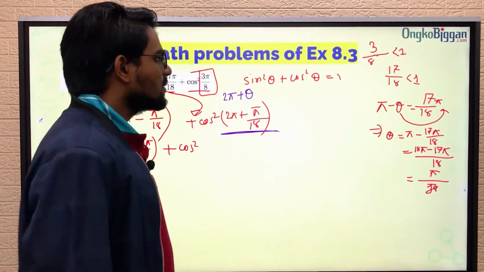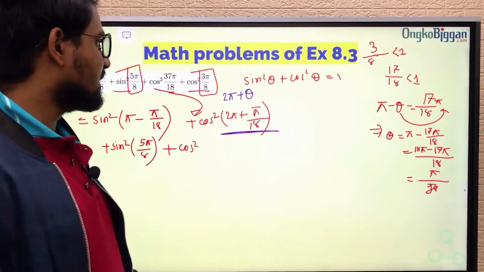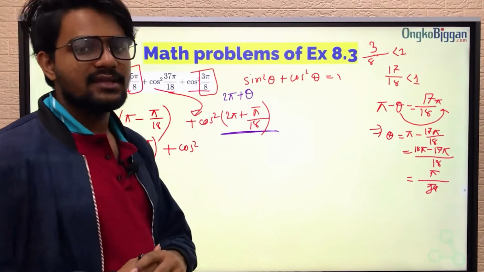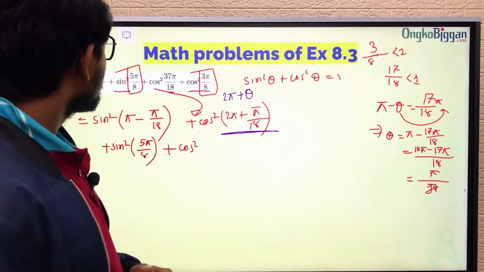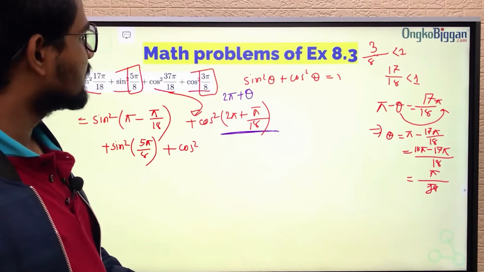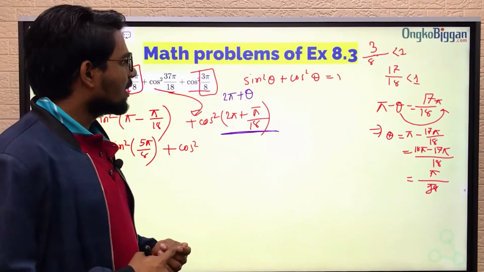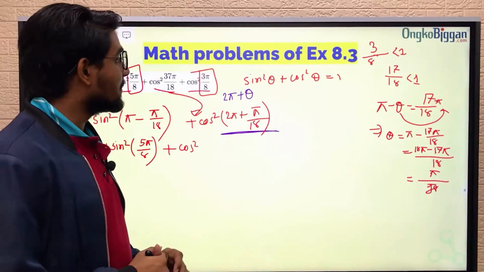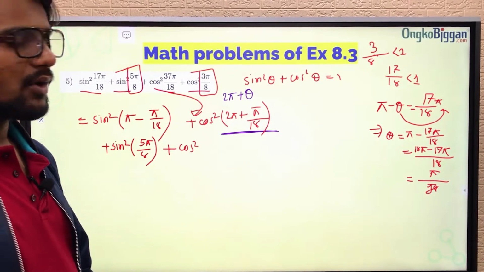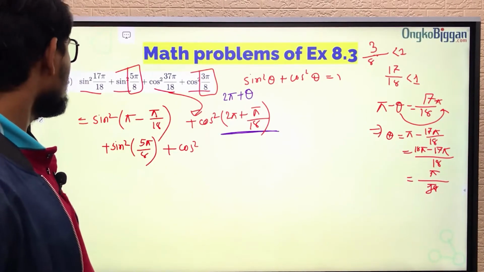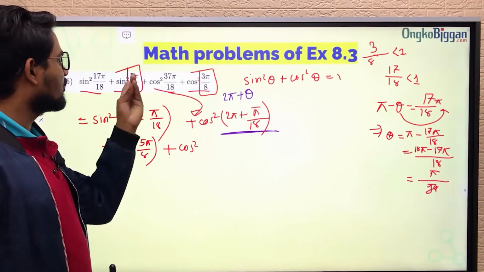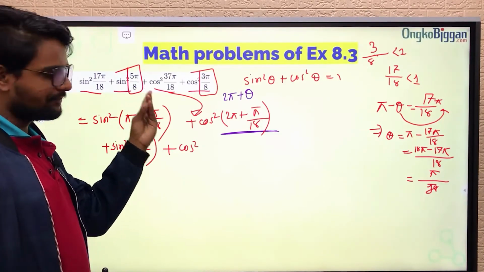So what we can do is that this value 3 pi by 8 is an acute angle, but you can still convert it in the pi minus theta format, and if we convert it in the pi minus theta format, you will see that we have already gotten this value.